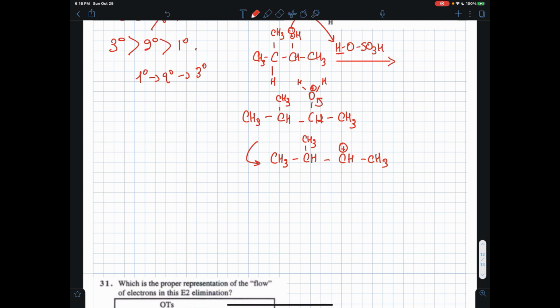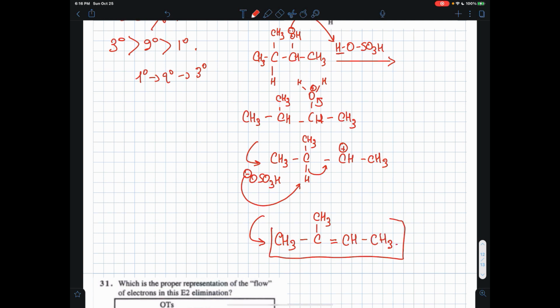Now the H2SO4 became OSO3H minus. That's going to act as a base, come here and grab this hydrogen and kick off the double bond, and then the result would be CH3, double bond, CH, CH3. So that would be our result.